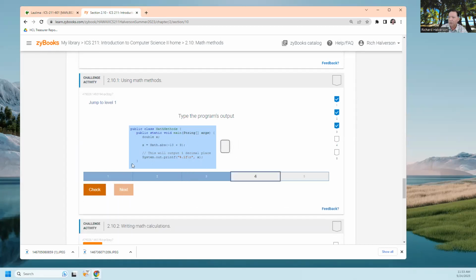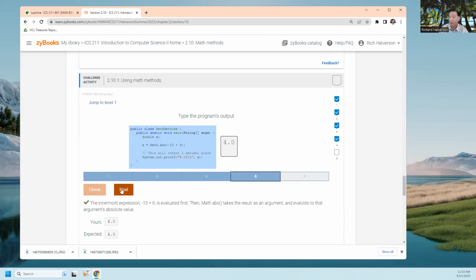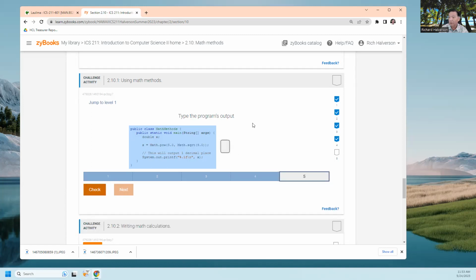These are just too easy. What's 13 plus 9? It's minus 4, but we're doing the absolute value, so it's positive 4. 4.0, enter. Now, the last one: the square root of 9 is 3. You have to do what's inside first.